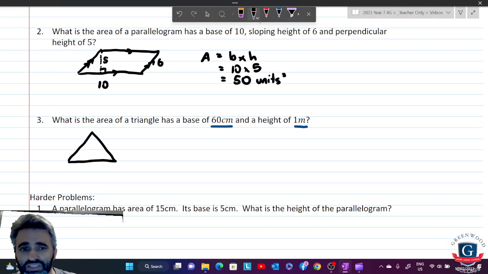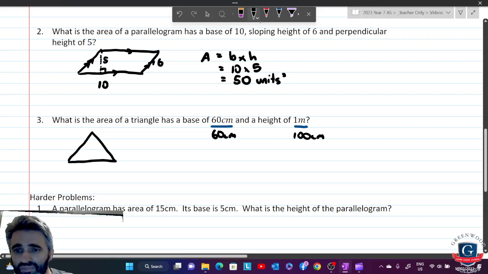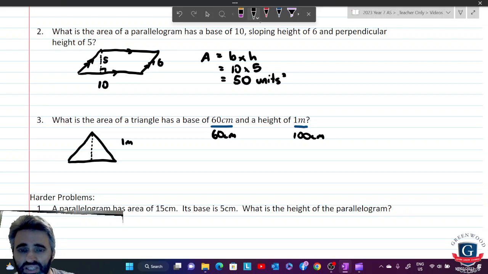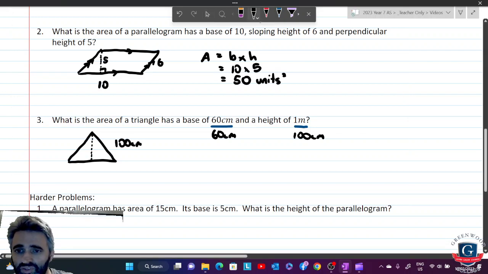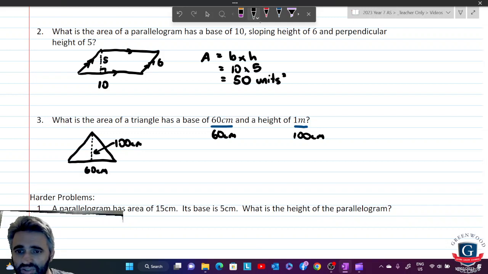I don't like working with decimals, so I'm going to make it 100 centimeters and 60 centimeters, so I now have everything in centimeters. Now, the perpendicular height, that's 1 meter, and the base, oops, we need to put that in centimeters, don't we? So that will be 100 centimeters. That's this measurement here, and the base is 60 centimeters.